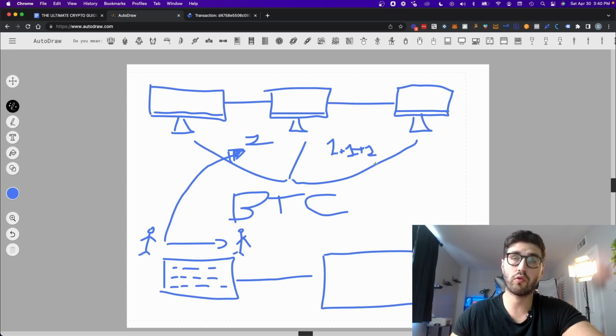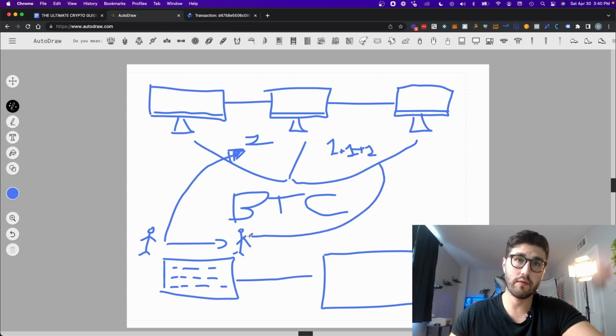It will have to go through some confirmations, and once the confirmation finally takes place, the individual on the other side will receive the Bitcoin in his wallet.